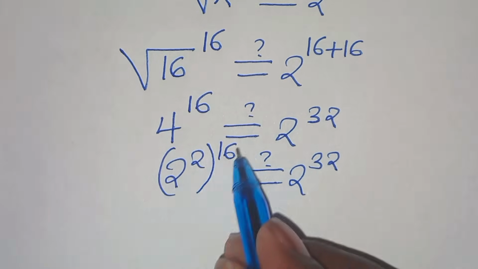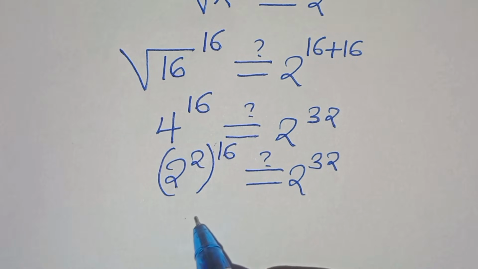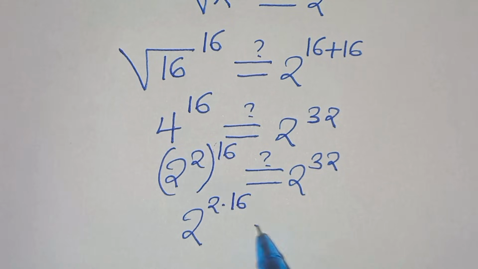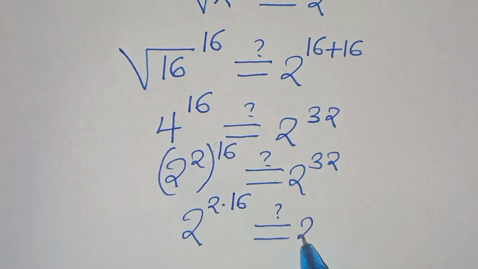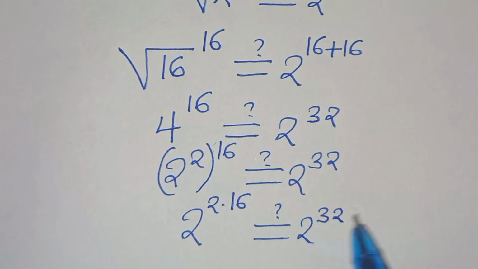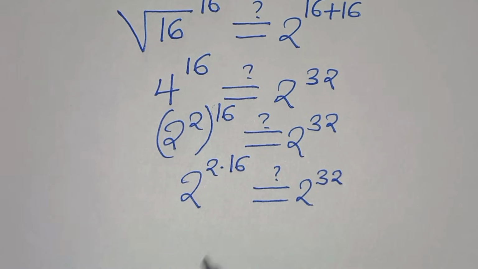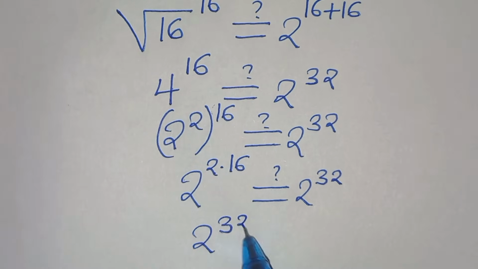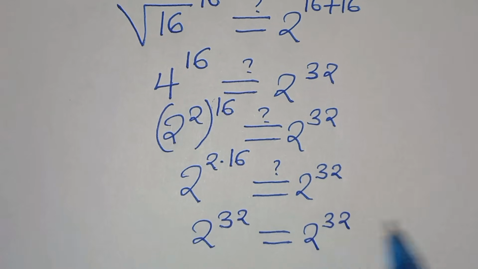So 2 to the power of 2 to the power of 16 can be expressed as 2 to the power of 2 times 16, and this should be equal to 2 to the power of 32. So 2 to the power of 2 times 16 is 2 to the power of 32, which is equal to 2 to the power of 32.